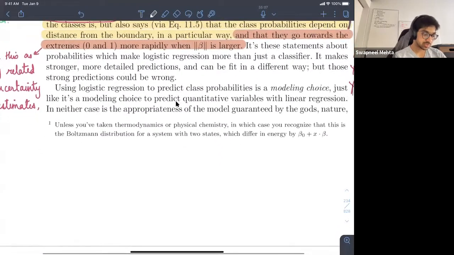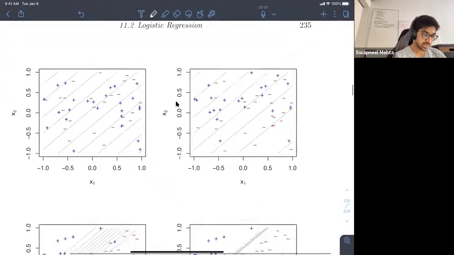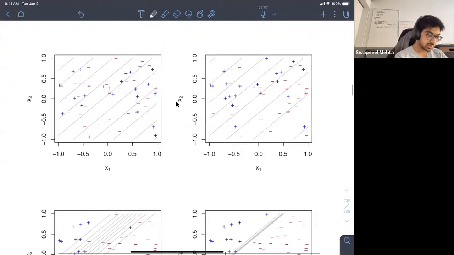And he illustrates this point through this diagram, where again, these are the same data, the same x's. It's just that based on your classifier, he's labeling the data. So based on your logistic regression, you obtain your class labels, which gives you the pluses and minuses. All of these have the exact same data points. It's just the labels that are changing.